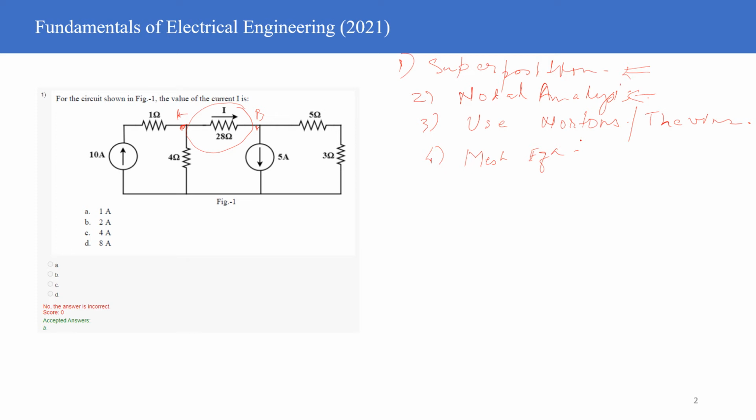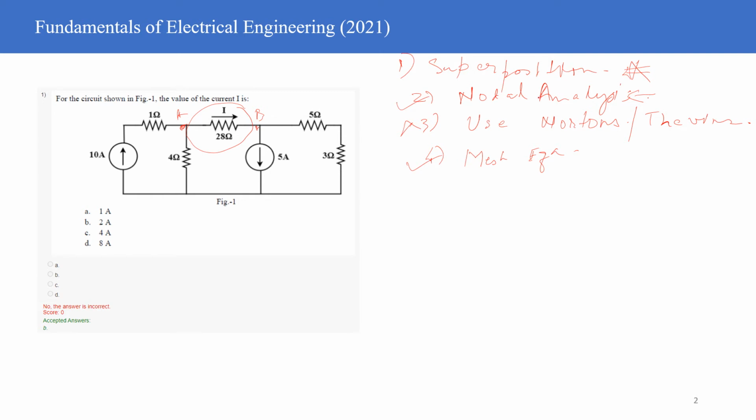That's good. Okay, so actually there are five approaches by which you can solve any electrical circuit here. The first one is superposition. The second one is nodal analysis. So you have not been taught this, you have not been taught this, and you have been taught this, you have been taught this.